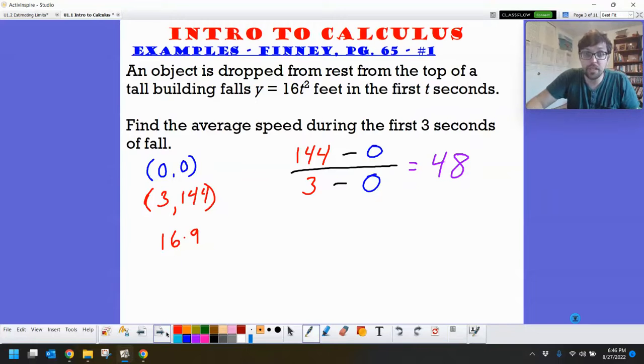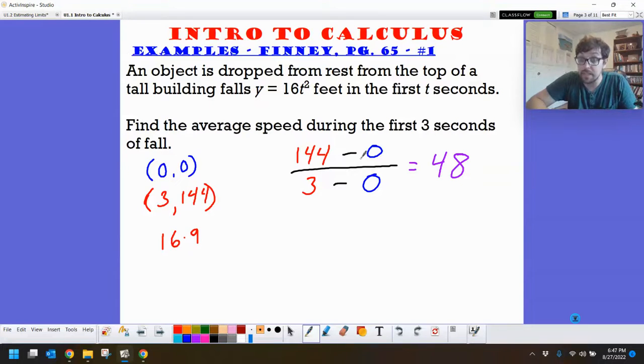We've got an object that's dropped from rest at the top of a tall building, and it falls at this curved rate because as it falls, it picks up more and more speed. If we wanted to find the average speed, that's easy. You just figure out, okay, well, it started at 0, 0. After 3 seconds, it's fallen 144 feet. I did that by plugging in 3 into this function.